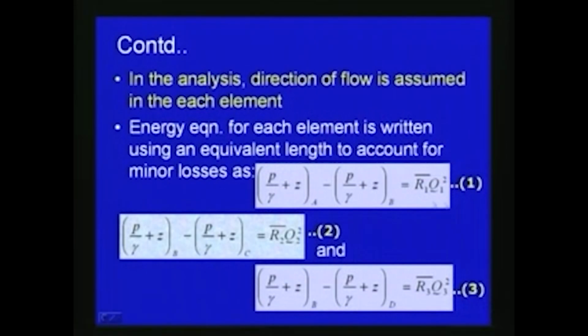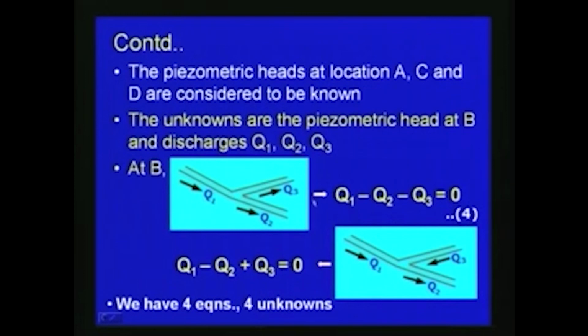So, now here we have 3 energy equations as written, 1, 2, 3, between A and B, B and C and B and D, and then we have one continuity equation, either 4 or 5. Let us use equation number 4, by assuming that Q1 is flowing towards the junction, and Q2 and Q3 from the junction. So, we have 4 equations and 4 unknowns, so that we can easily solve the system.